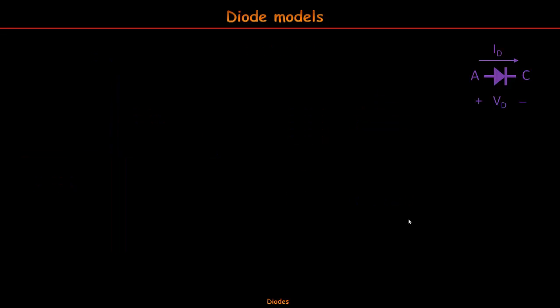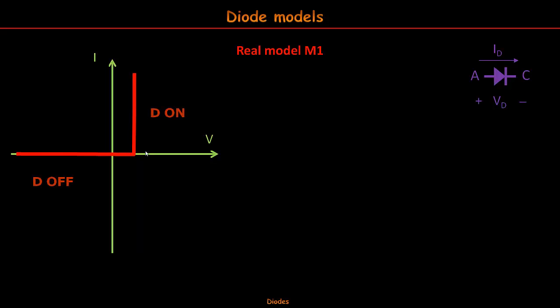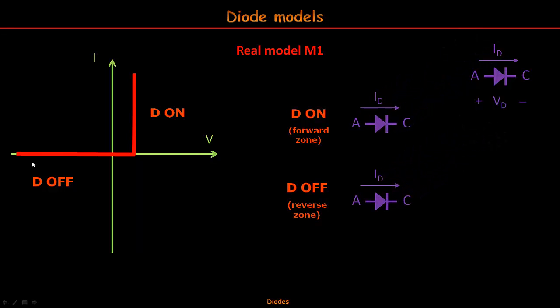The second approach is closer to the characteristic. It is called a real model. We will name it M1. In fact, the point is only that the reverse bias area is extended to the forward voltage, or the barrier potential. Then the diode can be drawn again and the reverse bias is exactly the same as before. Look at this part.